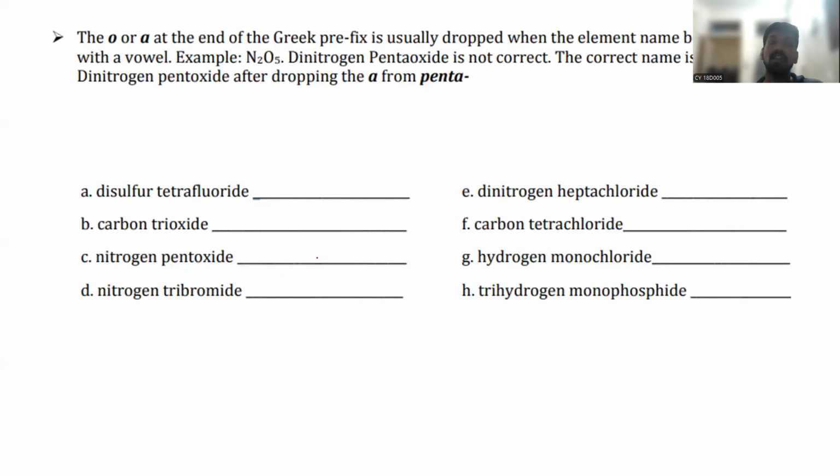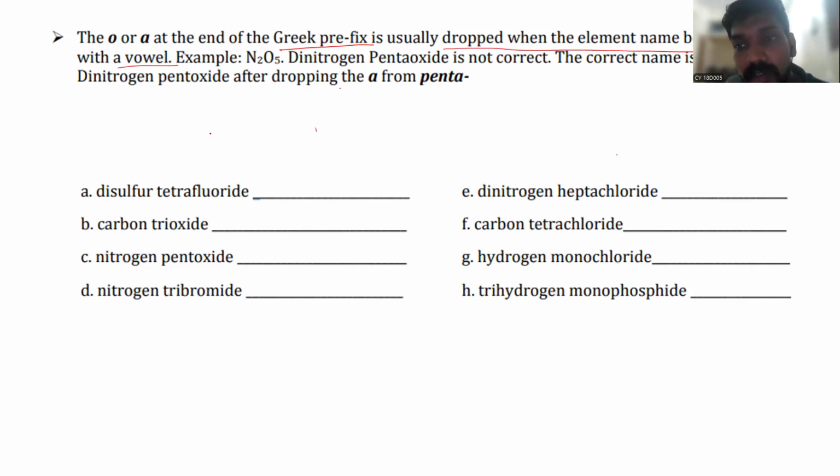Next thing, if a Greek prefix is there, we usually drop part of it. The O or A at the end of a Greek prefix is usually dropped when the element name begins with a vowel.